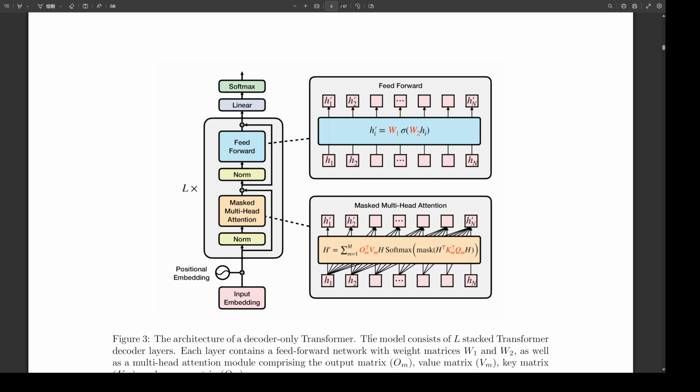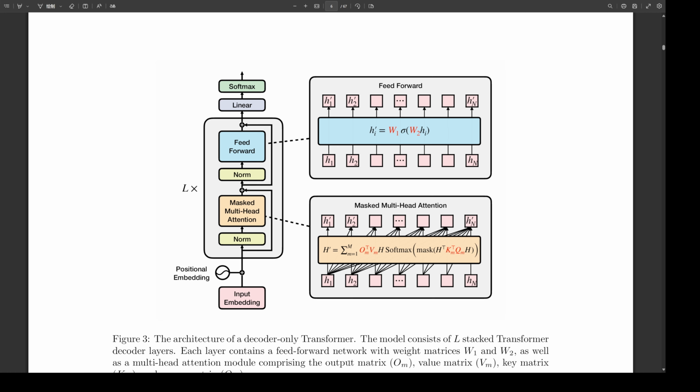Now let's get into the nitty-gritty of the transformer. You've talked about this attention mechanism. Can you break down how it works at a more detailed level? Sure. So imagine the model is generating a sentence, one word at a time. At each step, the attention mechanism allows it to look back at all the words in the input sequence and essentially decide which words are most relevant to the current word it's trying to generate. So it's not just considering the words immediately before it, it's taking into account the whole input sequence.